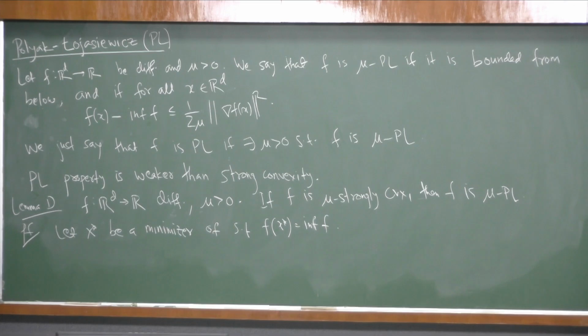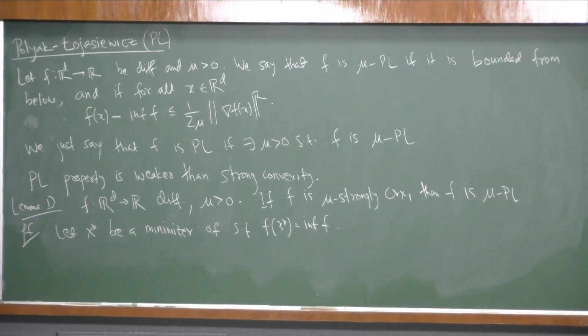X star is a minimizer, and in place of y maybe we can use x star. We need a less than or equal to sign, right? So we put f(y) on the right: f(x) minus f(y), and y we take as x star.